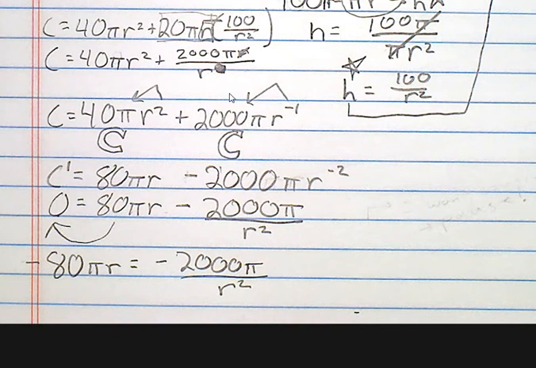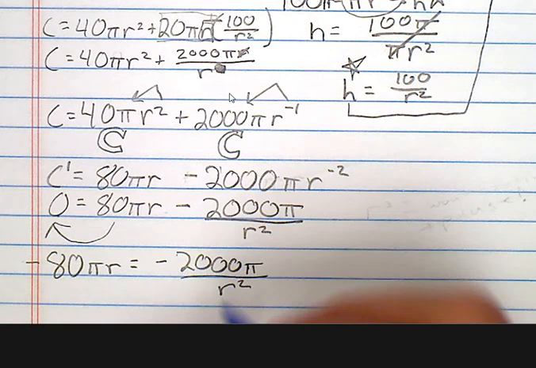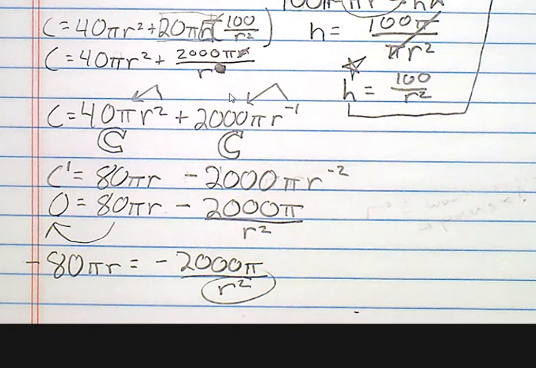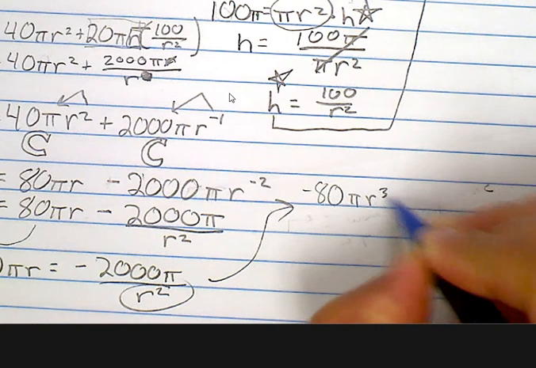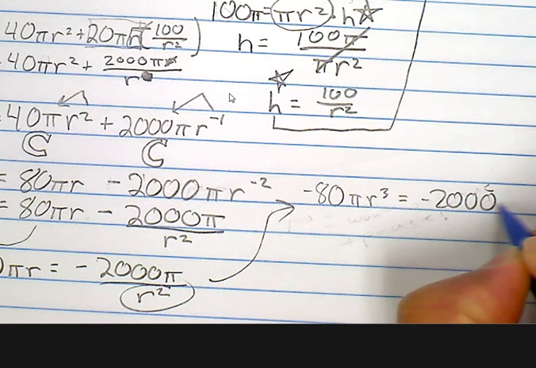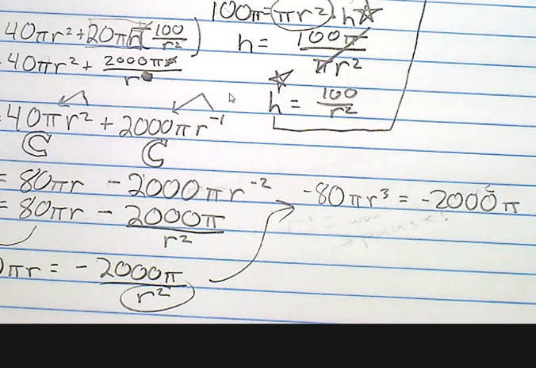What do we get after we divide both sides by 80 pi? Multiplying that to both sides yields negative 80 pi R cubed. All right, y'all should have already divided both sides by negative 80 pi.